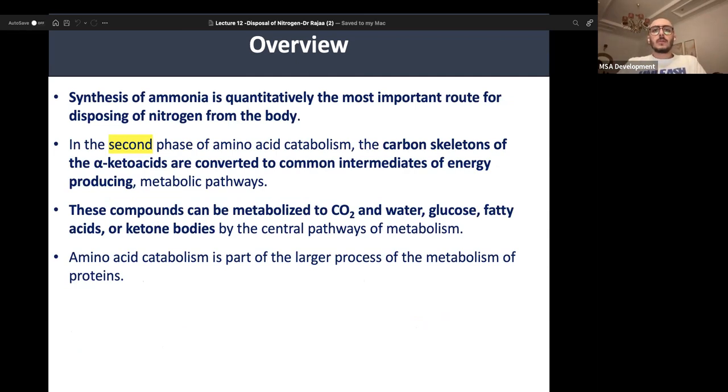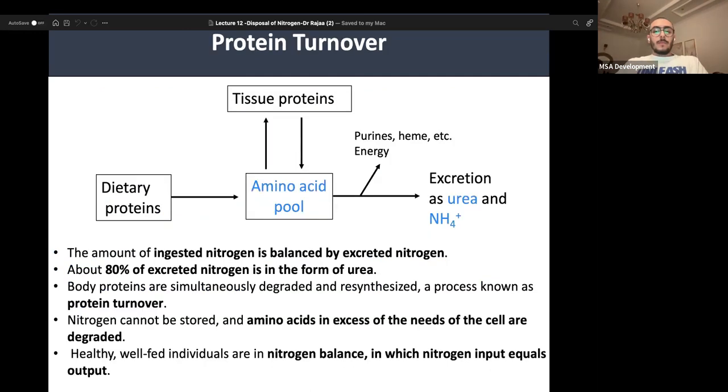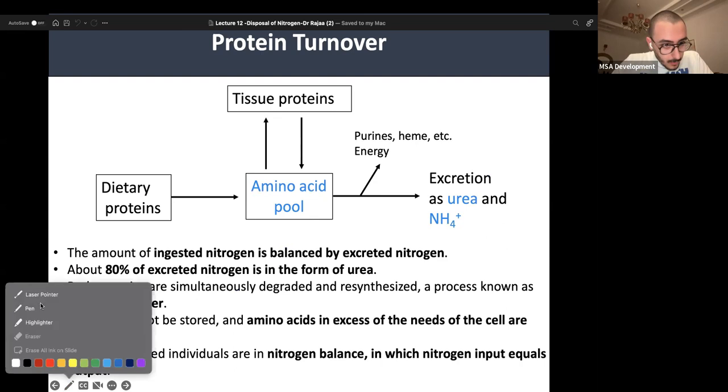Because your body can use your muscles or your proteins, or more simply, the amino acids for energy, not only glucose and fats.